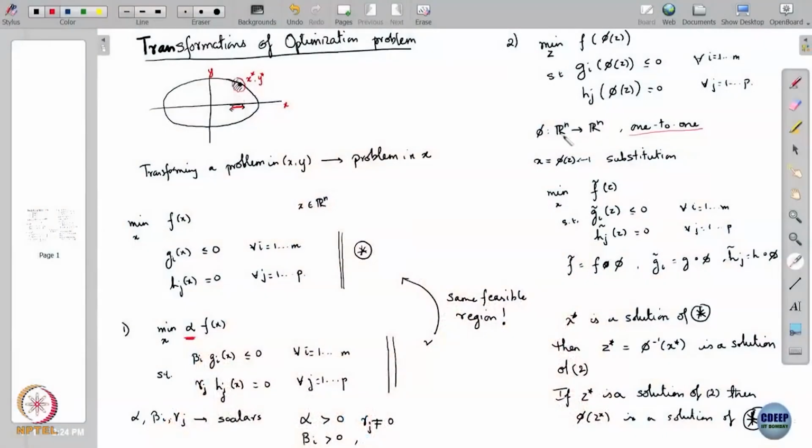Now, when you make this substitution and substitute phi of z by x, and get rid of the connection that x is equal to phi of z, that connection is gone now. You have just substituted x equal to phi of z, and what you are saying is you are now solving star.